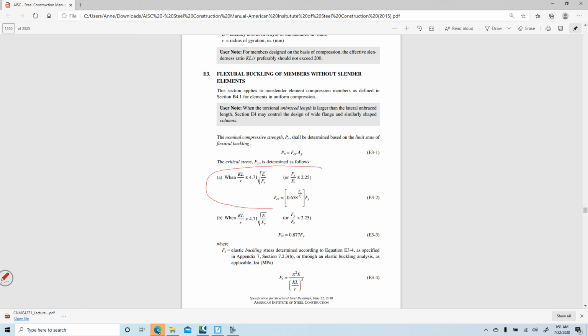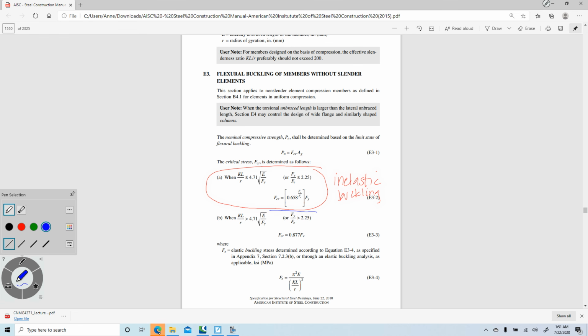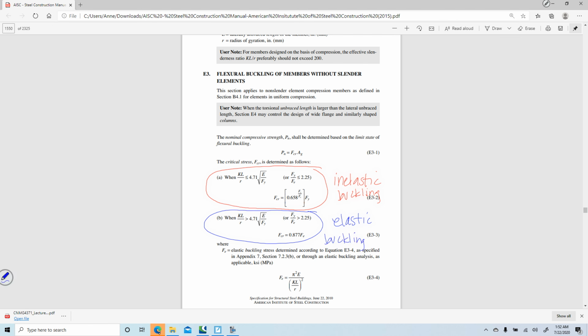If you have a low slenderness ratio, you can write inelastic buckling or inelastic. If you are higher slenderness ratio, you have elastic buckling. I have seriously written this in my manual to remind myself. So you may go ahead and write that if you would like.